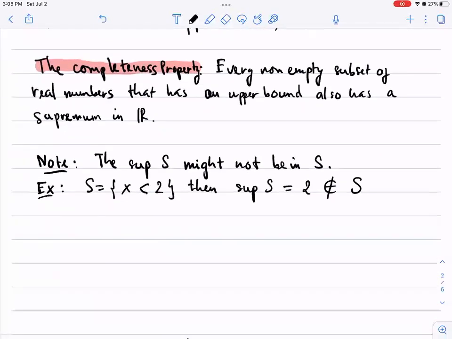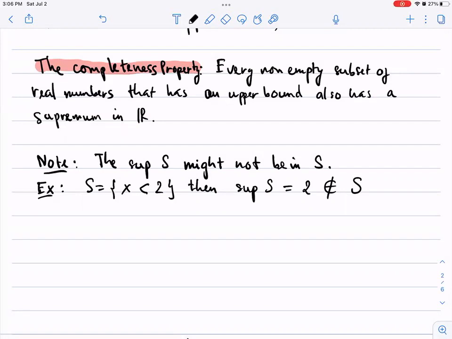Now, note that the supremum of a set might not be in this set. For example, we consider the set of real numbers strictly smaller than 2. Then we can easily show that the supremum for this set is 2. This is an upper bound, and this is indeed the least upper bound.